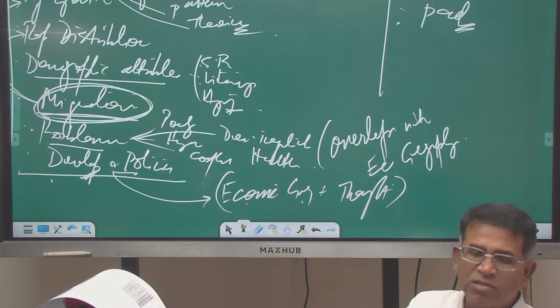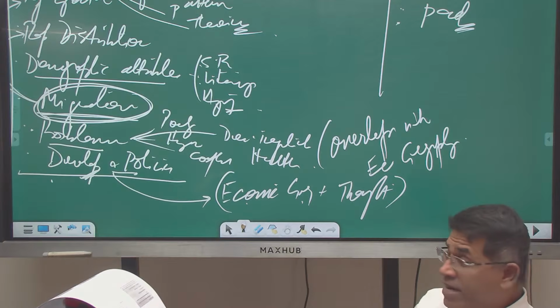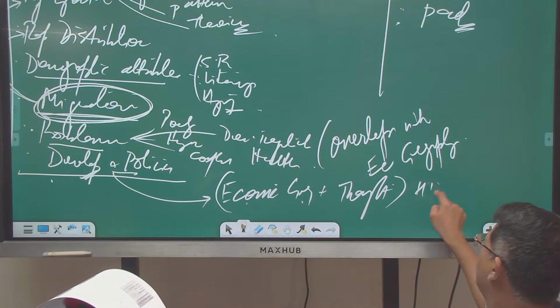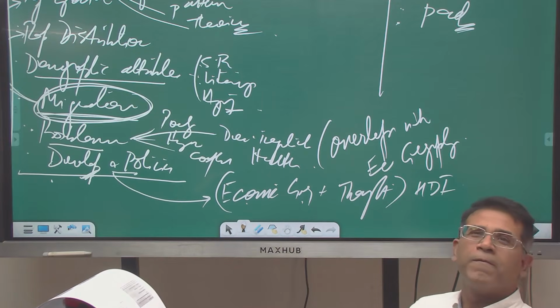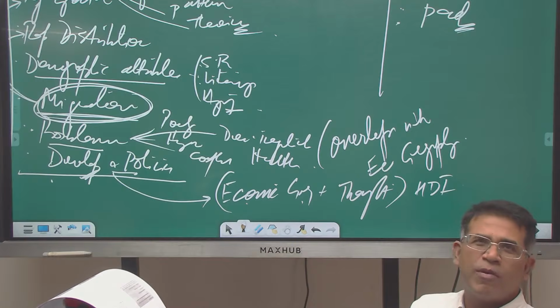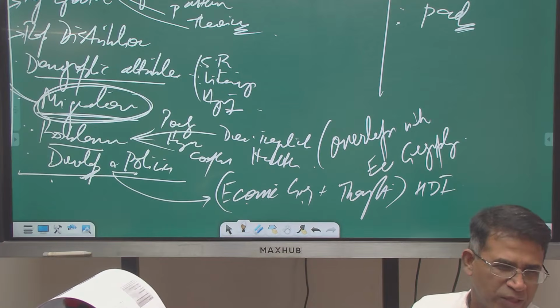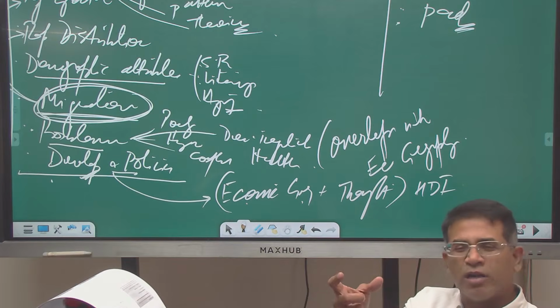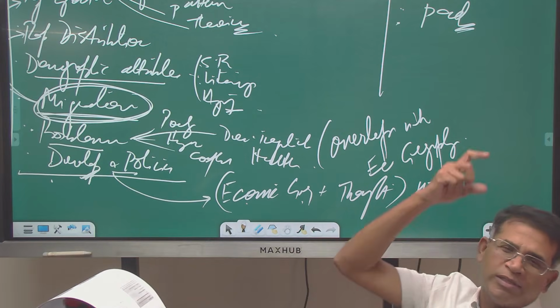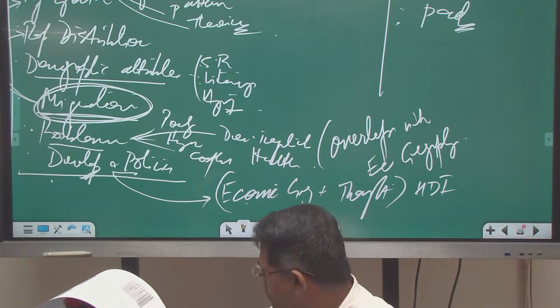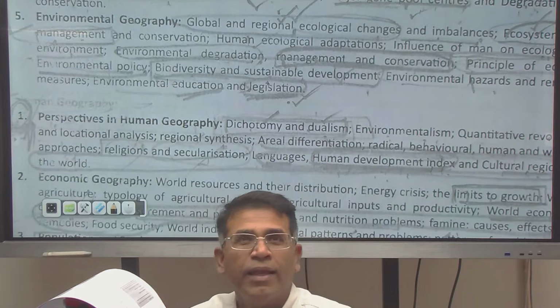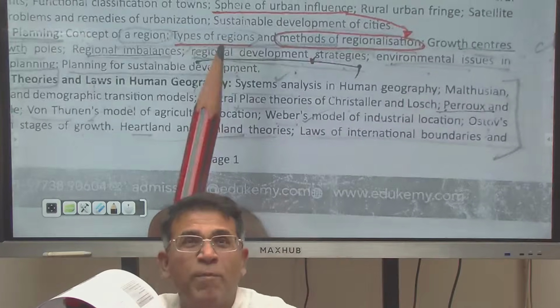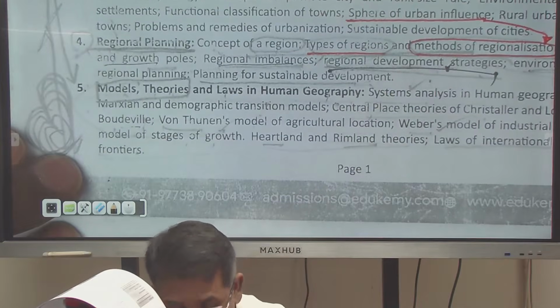Cultural regions, human development index, okay, some of those points there. So population geography is partly economic geography, part of it is also geographical thought, plus you also have some topics in your paper 1 last unit.